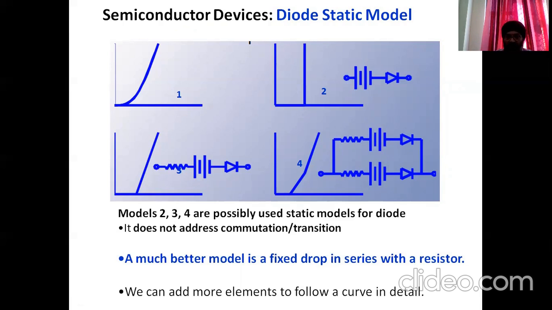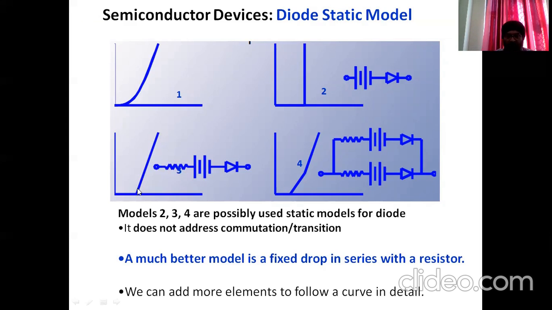A better model compared to this is in figure 3, where this combination of PN junction and DC voltage source is connected to a resistance in series. Now the characteristics look like this, because the resistance characteristics also come into play.